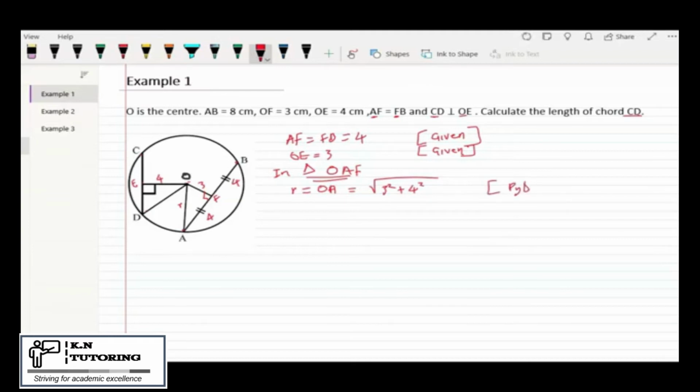I need to tell the examiner that this is the theorem of Pythagoras. Then 3 squared is 9 plus 16, the square root of 25, which is equal to plus or minus 5. But because a radius is always positive and we're dealing with length, OA can only be positive. So it's going to be positive 5.